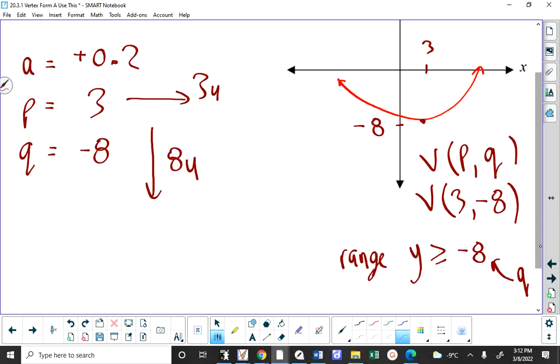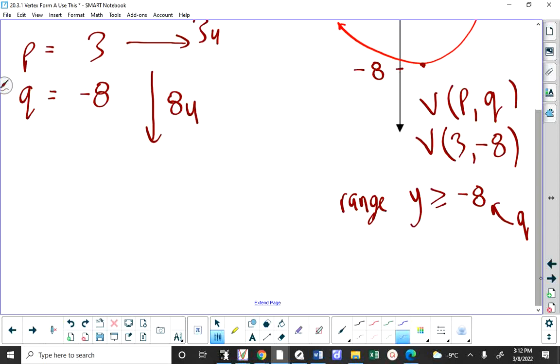Why is it greater than or equal to and not less than or equal to? Jack? Because it's curving upward, so it can't get less than -8. Right. If there's a minimum, your range will be y is greater than or equal to q. And by the way, that means if a is positive, it will be y is greater than or equal to q. If a is negative, it's going to be y is less than or equal to q. The domain is any real number.